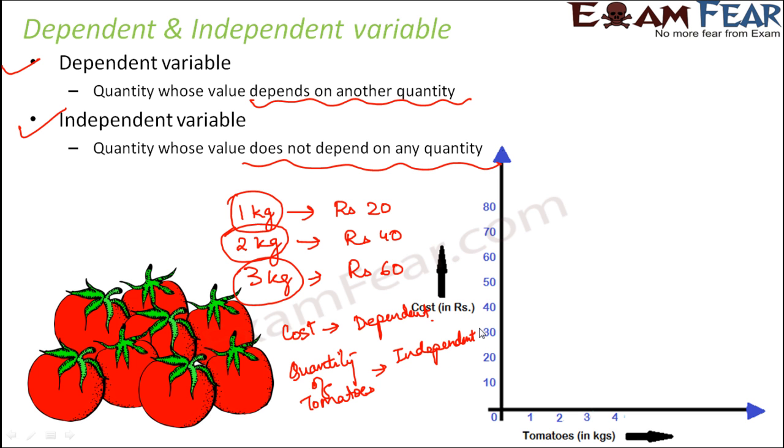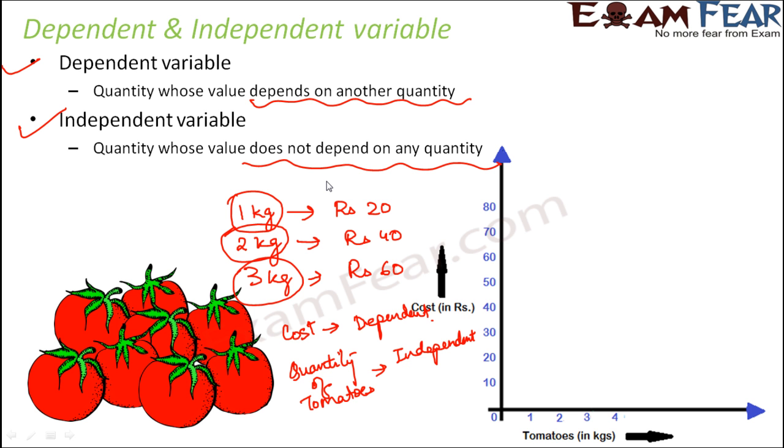Right? Because cost depends on how much tomatoes you have taken, but how much tomato you will take doesn't directly depend on the cost, right? For example, if you need 2 kg tomatoes, you will buy 2 kg tomatoes, so the cost of the tomato will change accordingly, correct? But that doesn't mean that if the cost is changing, then the amount of the tomato is changing, right?